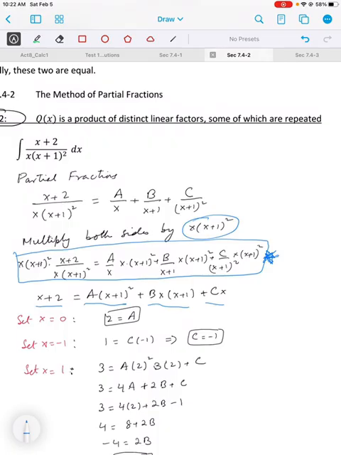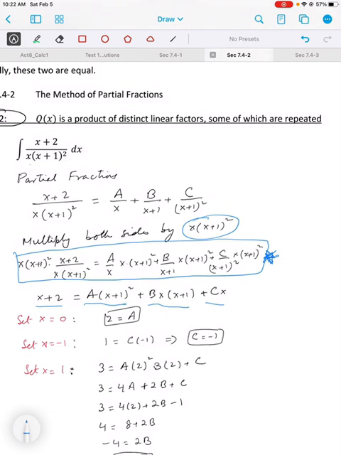The next process is to determine these A, B, and C, and to do that we have to pick values of x which will be helpful. Normally the values we pick are the values which are not in the domain of the function.